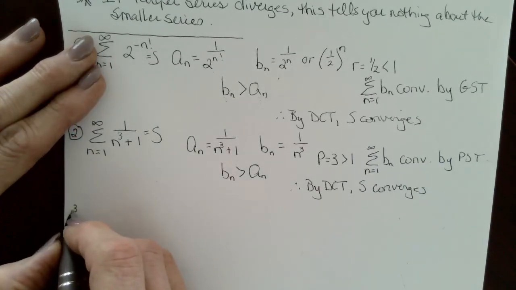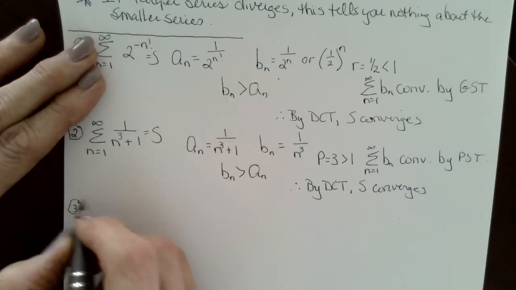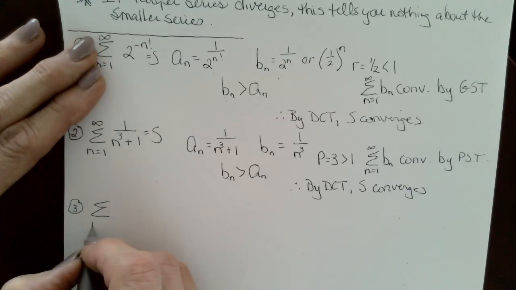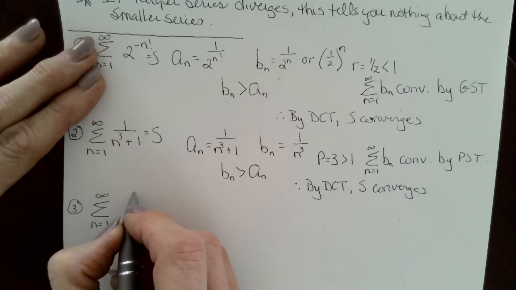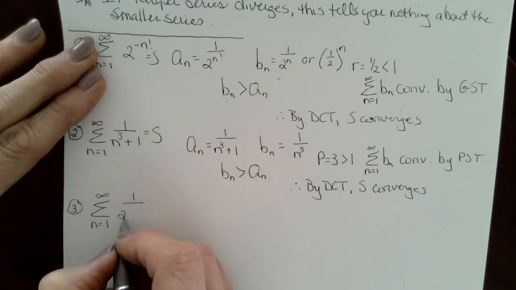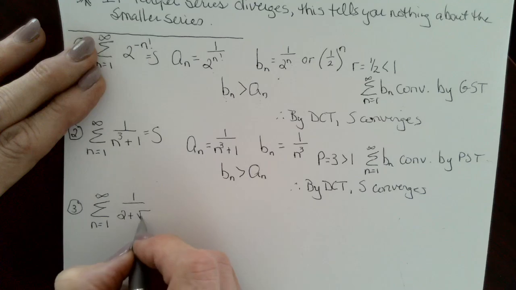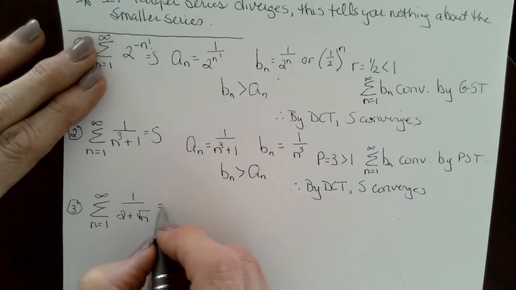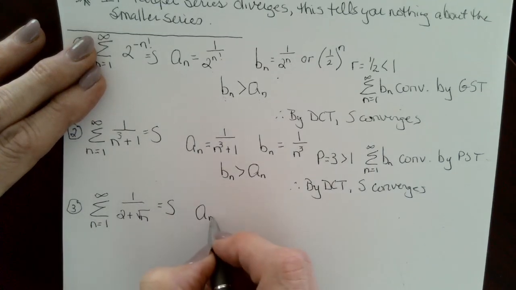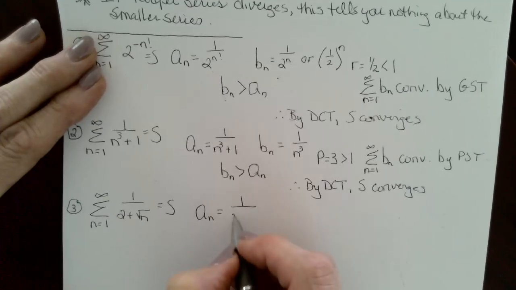One more. One over 2 plus the square root of n. That's my series. So A sub n is equal to 1 over 2 plus square root of n.